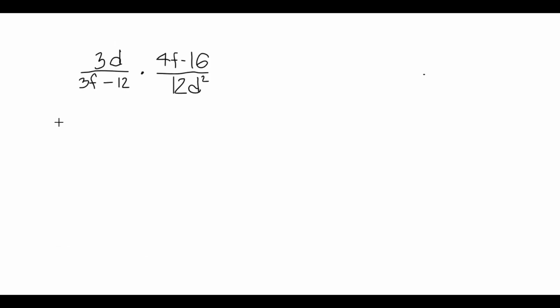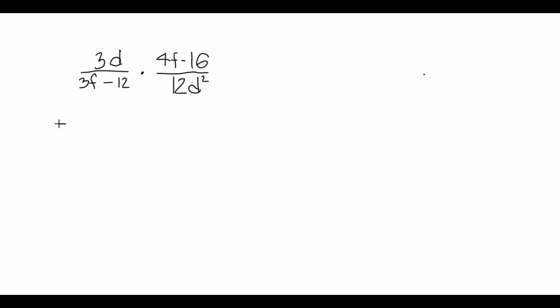For our second example, we have 3d divided by 3f minus 12 times 4f minus 16 divided by 12d squared. To multiply and simplify this expression, we can use the factoring method first on the first expression and on the second expression.